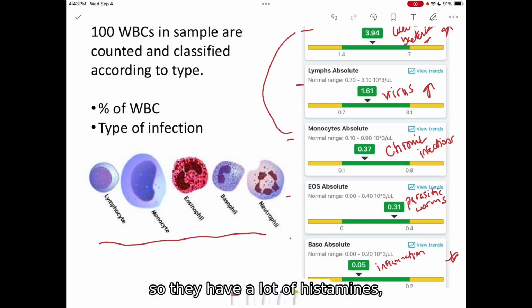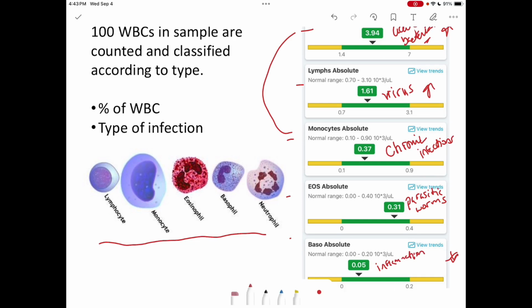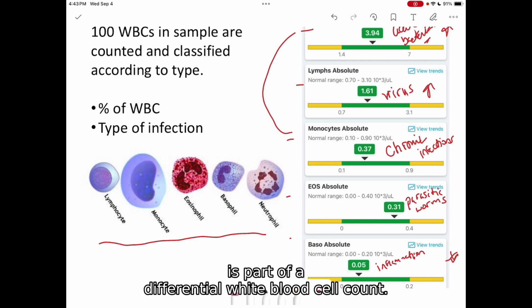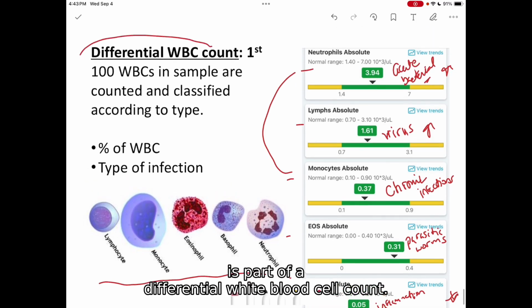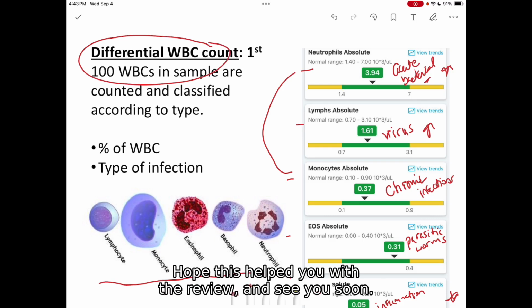So they have a lot of histamine, so think allergies and autoimmune diseases. Like I said, the different percentages of these white blood cells is part of a differential white blood cell count. Hope this helped you with the review, and see you soon.